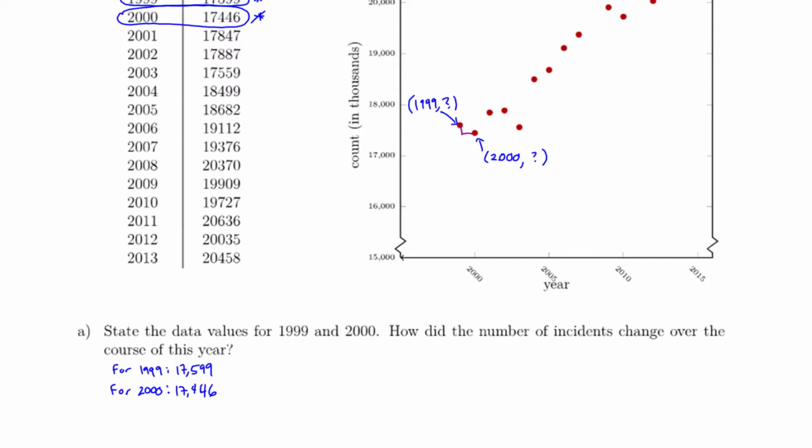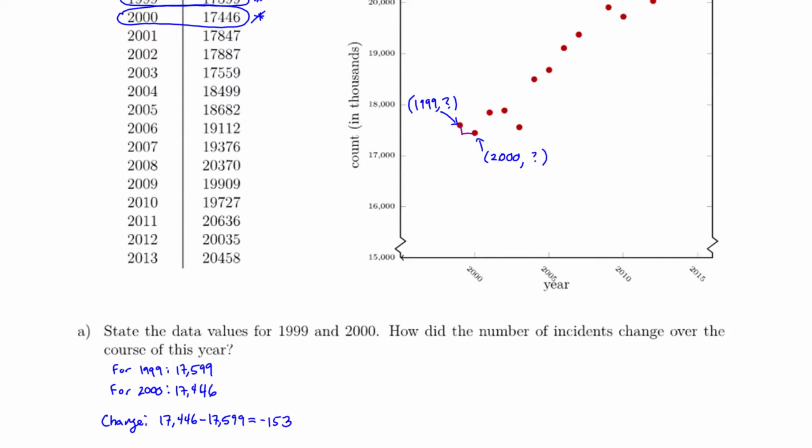So if I look at how it changed, I'm going to take that value in 2000, which was 17,446, and subtract the value that I had in 1999, which is 17,599. And when I do that, I'll get negative 153.